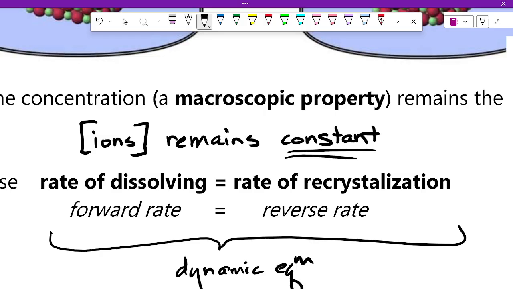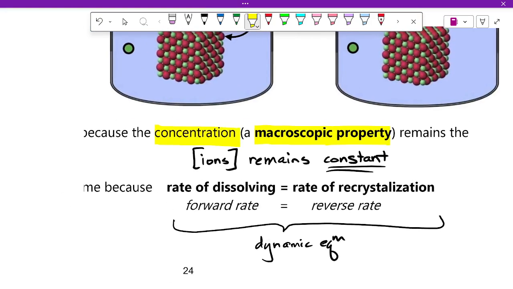And remember, what kind of a property is concentration? It is a macroscopic property. And when we are at equilibrium, all macroscopic properties remain constant. Okay.